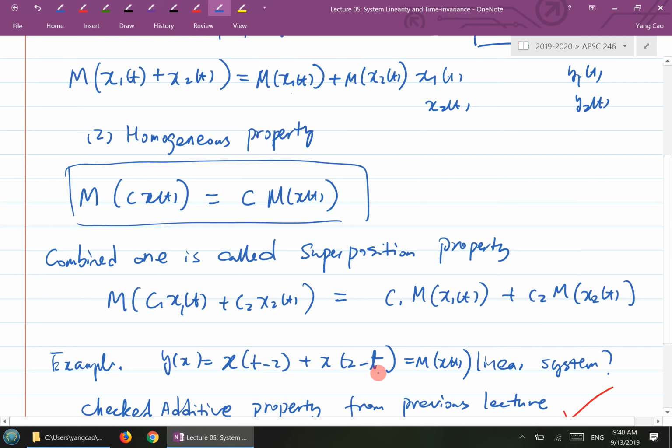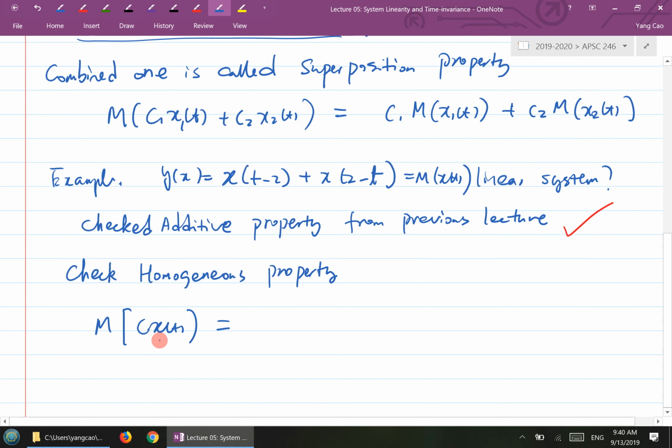And now your input is changed from x of t to c x of t. It's actually pretty simple. All you need to do is replace the x with c times x. So this just becomes c times x of t minus 2 plus c times x of 2 minus t.